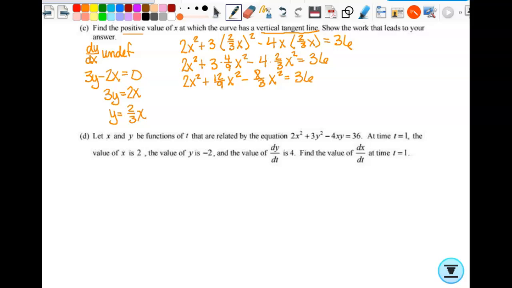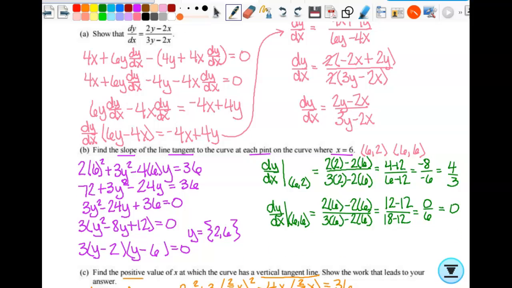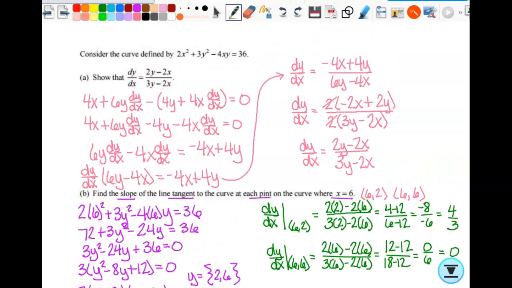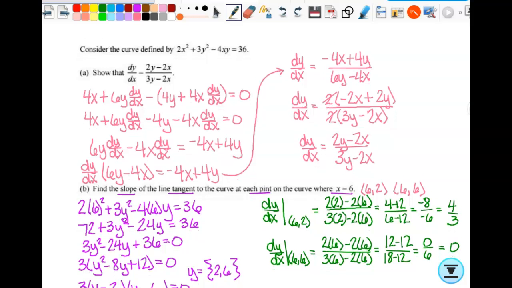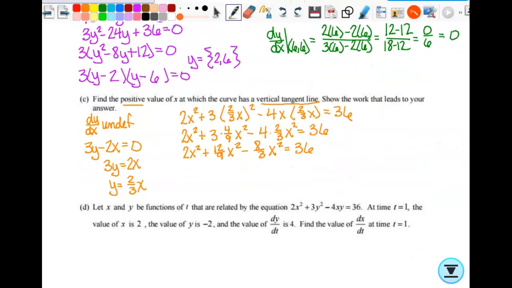What did I do? Because that's what I wrote down. Oh, because it's y squared right here. I did 3 times y squared. This is my y, the second time. So this is 4x times y, and so x times x is x squared.